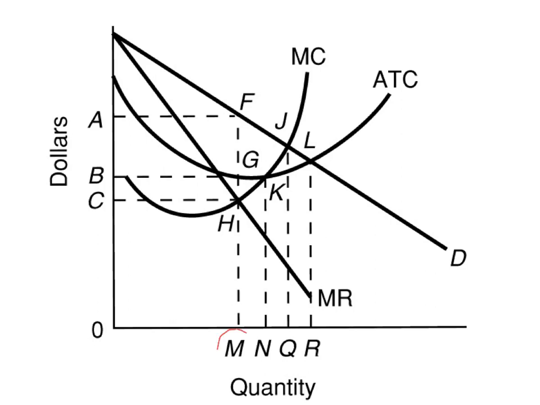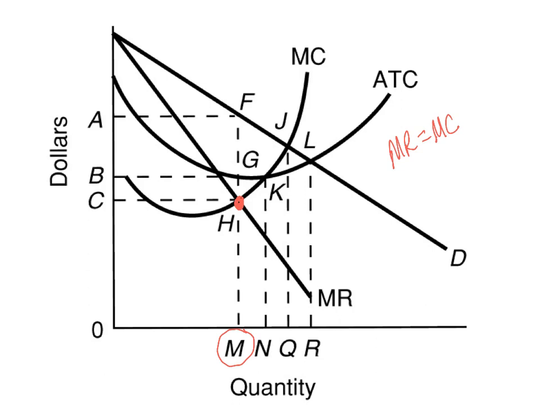Earlier, we were able to distinguish that quantity M would be the quantity that the monopolist would produce at. Again, using the profit maximizing rule, we will produce at the point where marginal revenue intersects marginal cost.